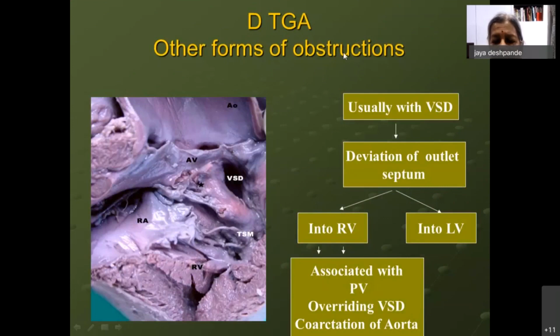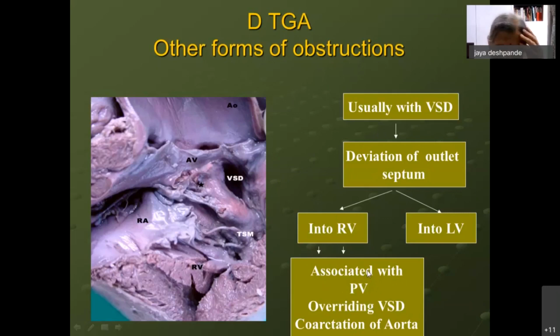Other forms of obstruction, you can get deviation of the outlet septum. This is seen from the right side. So the outlet septum gets deviated into the right ventricular outflow, and you get associated pulmonary valve with overriding VSD and cooptation of the aorta because it causes obstruction to the right ventricular outflow.